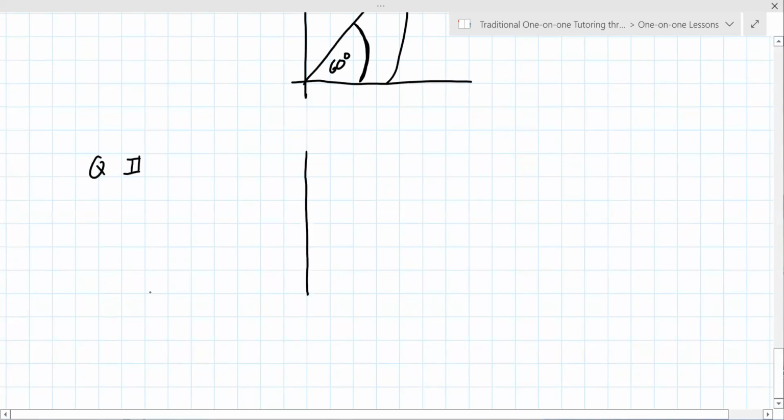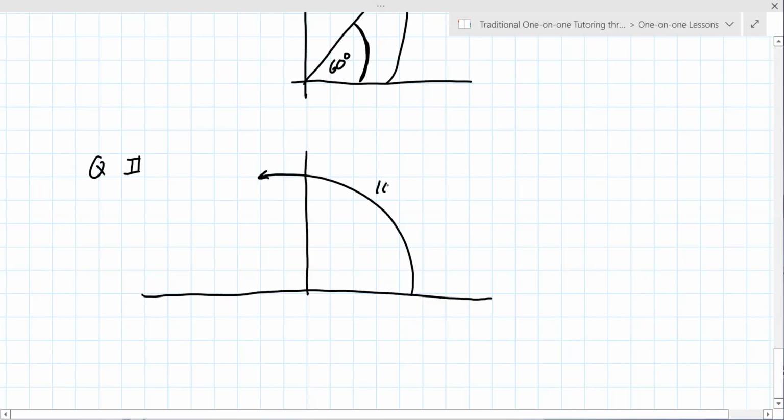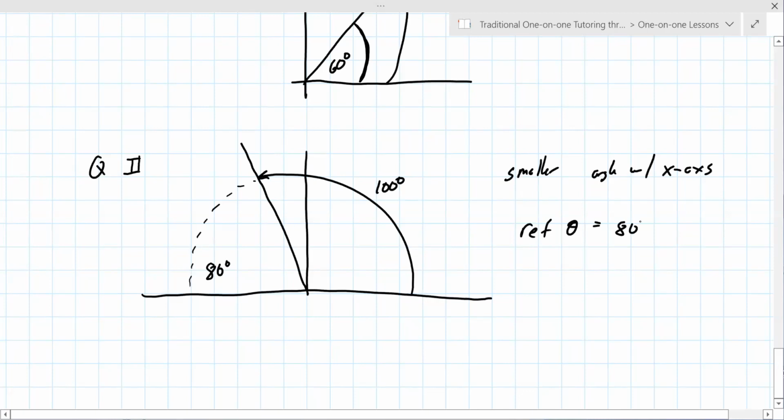Let's say I give you an angle of 100 degrees. I want the angle with the x-axis. There's actually two angles with the x-axis: the 100 degrees, and then if you keep going, the one which is 80. It's the smaller angle with the x-axis. So here the reference angle is 80 degrees. That's what you want to keep remembering.